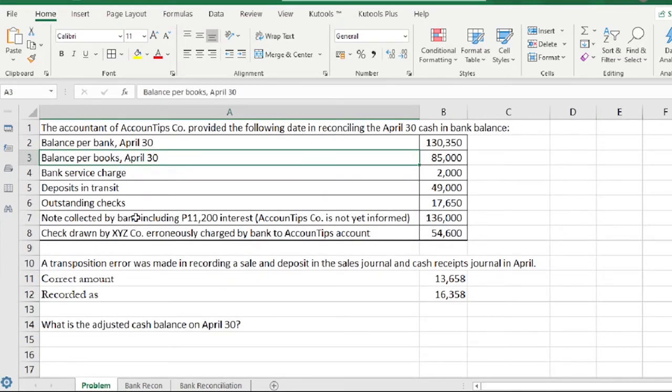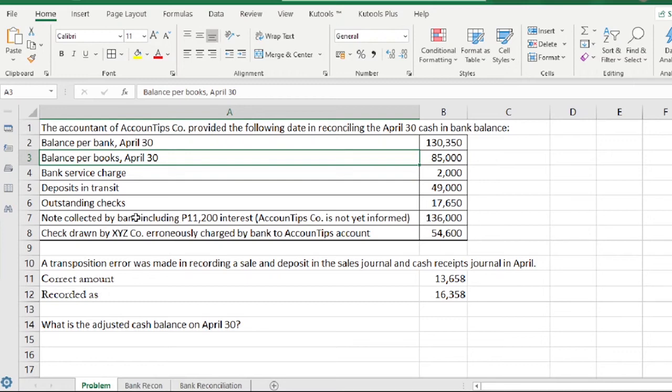The next adjustment that we have to do pertains to the note collected by the bank but Account Tips Corporation is not yet informed of. This is an example of a credit memo which pertains to additions or bank credits made by the bank to the depositor's bank account but not yet recorded by the depositor. In order to adjust for this amount, we have to make a corresponding addition to the cash balance per books in order to account for the collection.